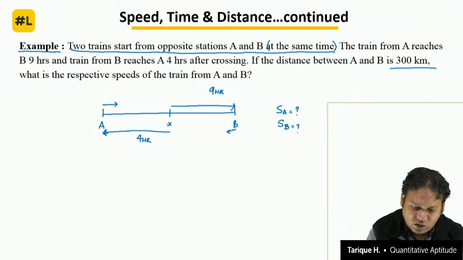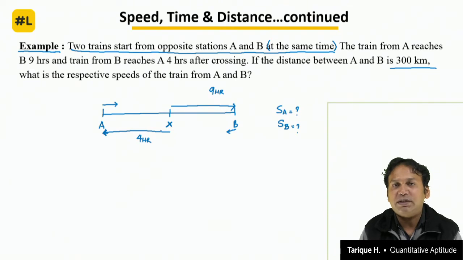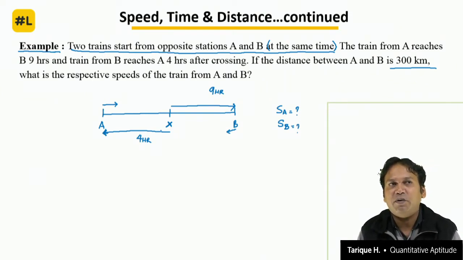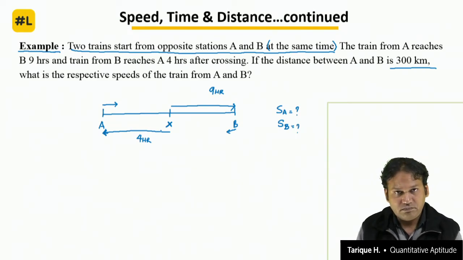First of all, let us talk about the point when they meet, when the two objects meet. Remember this, that when two objects start at a time and meet at a particular point, the time taken by both objects is always same. Let us say for example, you start from your home at 10 o'clock and your friend also starts from his home at 10 o'clock. Both of you start at the same time. You are traveling in a car and your friend is walking, right?